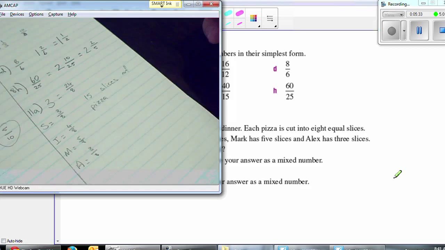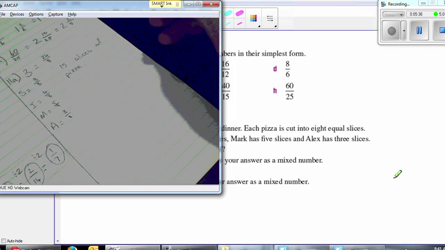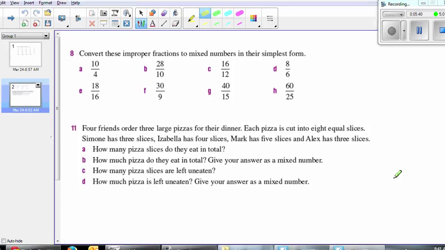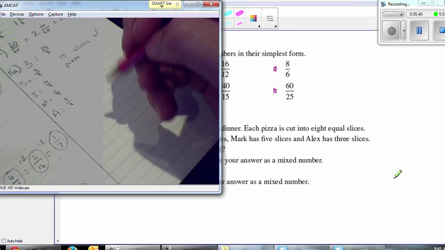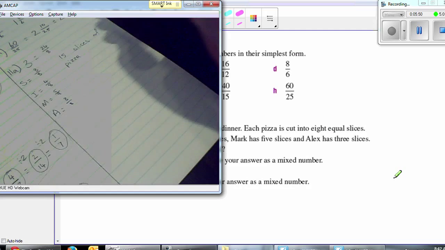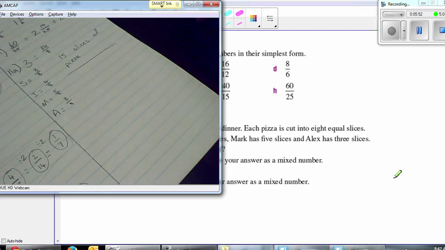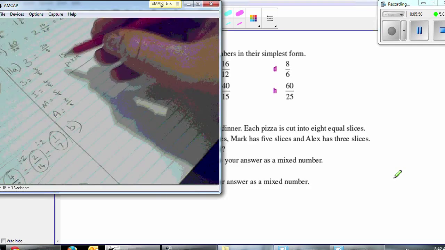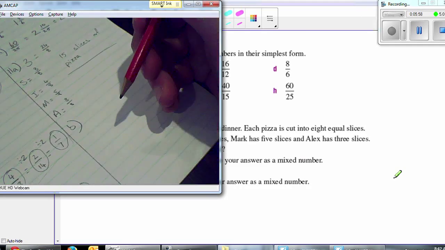Now, this information from A is going to help us in the following questions. B is, how much pizza do they eat in total? Give your answer as a mixed number. Okay. This is where it's quite handy that we have this information. We know that they ate 15 slices of pizza.